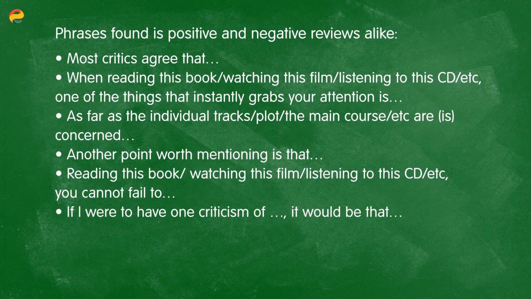Next, "If I were to have one criticism of film A, it would be that..." This phrase, because it's a conditional, may sound a little bit strange. And in this phrase, I use it when I like something, generally.